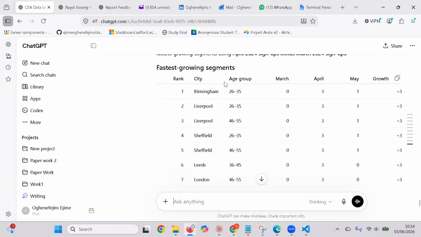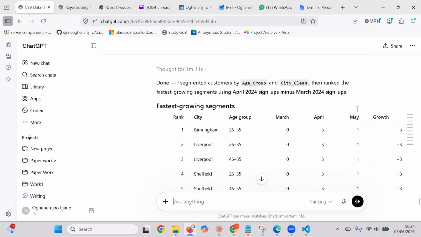Again, now it has given us the fastest growing segment by city. It's telling us, I think they are all growing almost at the same rate, except Leeds and London that fall short in some months. If not, they are almost all the same.